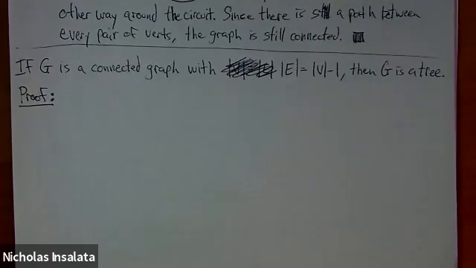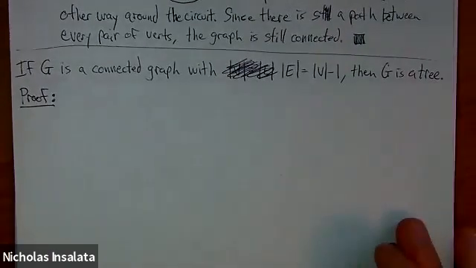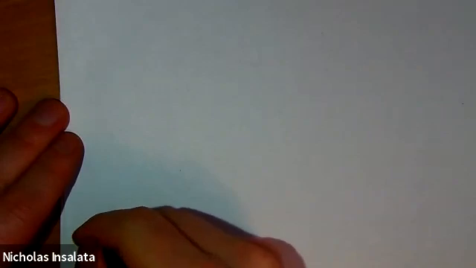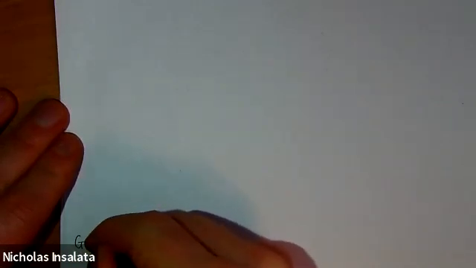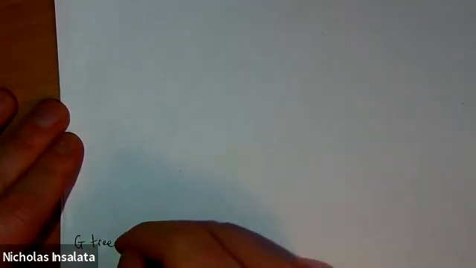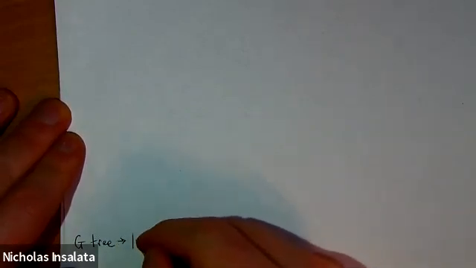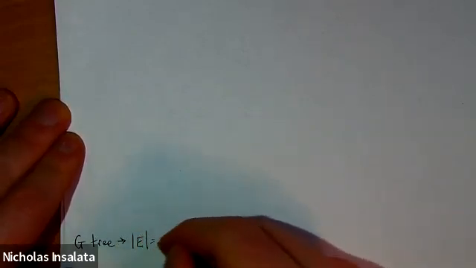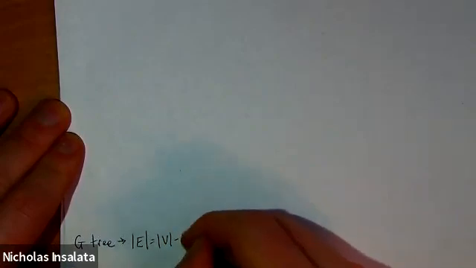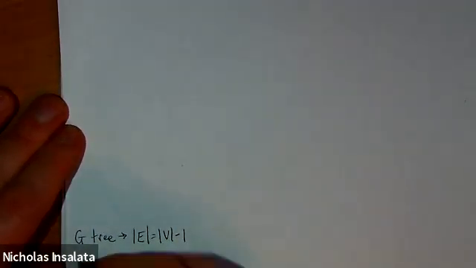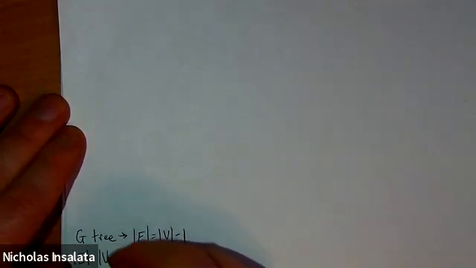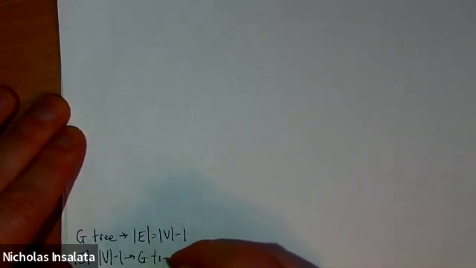Sure. So before I said G, the tree, implies the edge set equals the vertex set minus 1. And now I'm saying the edge set equals the vertex set minus 1 implies G is a tree.